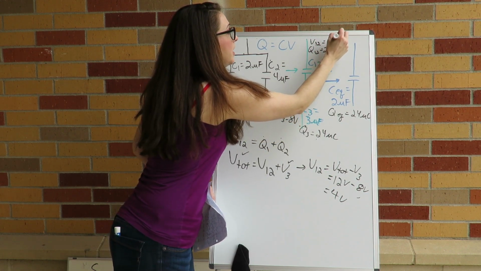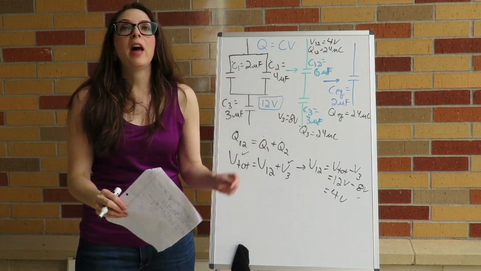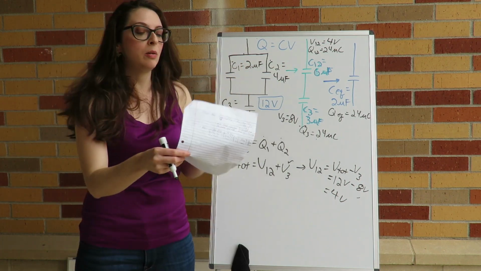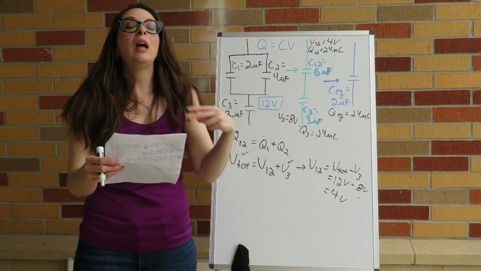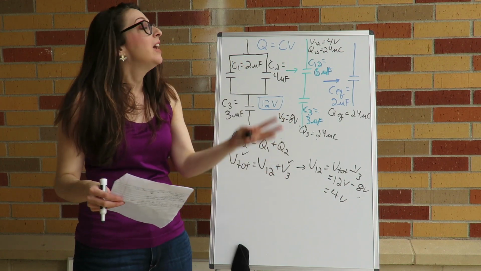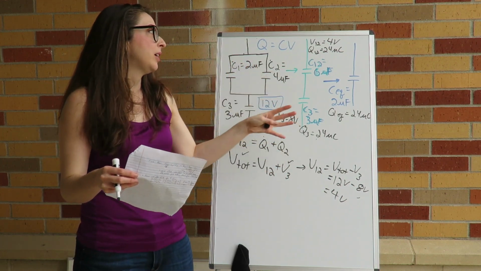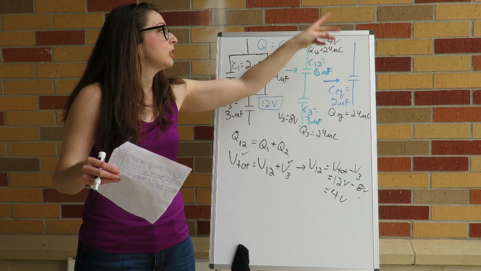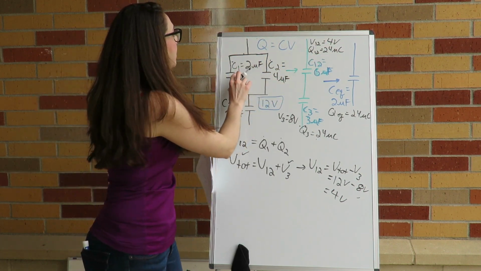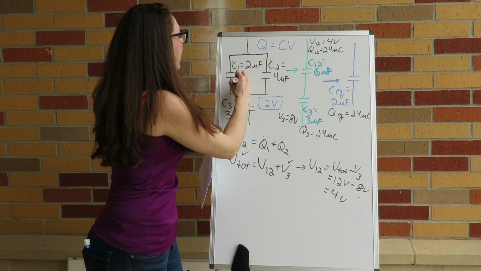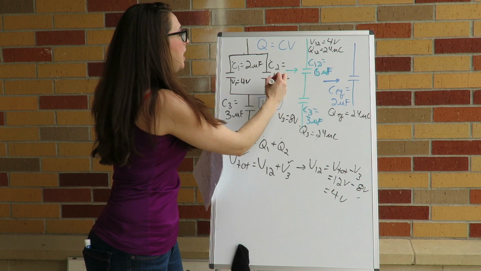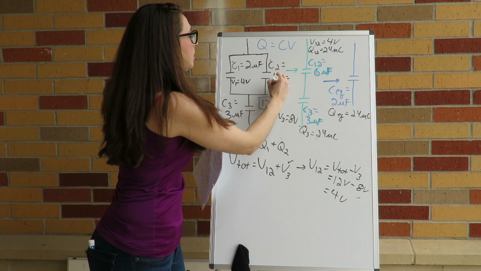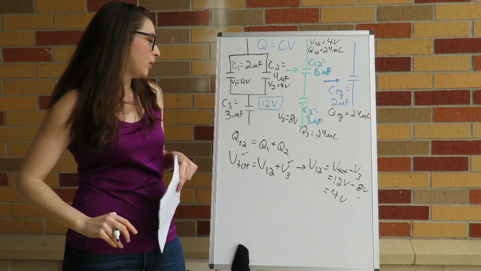Because this equivalent capacitor is made up of these two capacitors here, which are in parallel with each other. And when capacitors are in parallel, they have the same potential difference across them. So if our equivalent capacitor, C12, has a potential difference of 4 volts, that means that C1 has a potential difference of 4 volts, and so does C2.